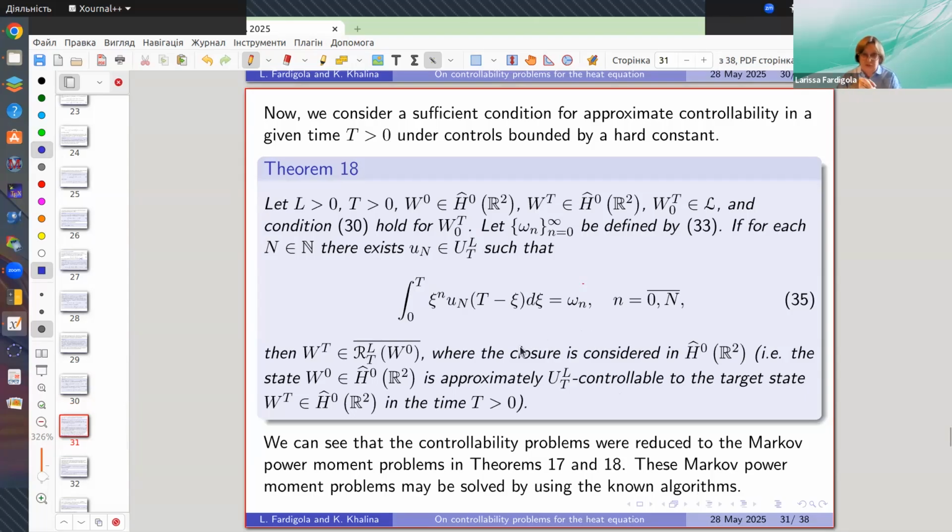If we consider a sequence of finite Markov power moment problems, we obtain the sufficient condition for the state W0 to be approximately UTL controllable to the target state WT.